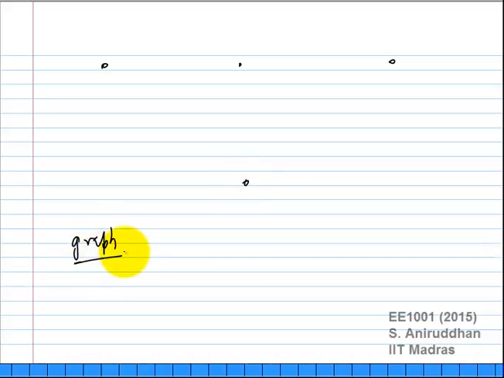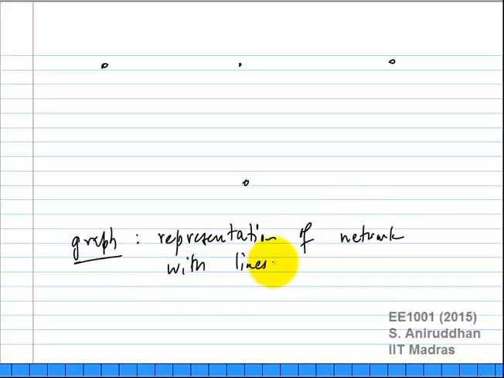It's a representation of the electrical network, with lines representing each element. You no longer have the element. What you retain are only the nodes and the connections.